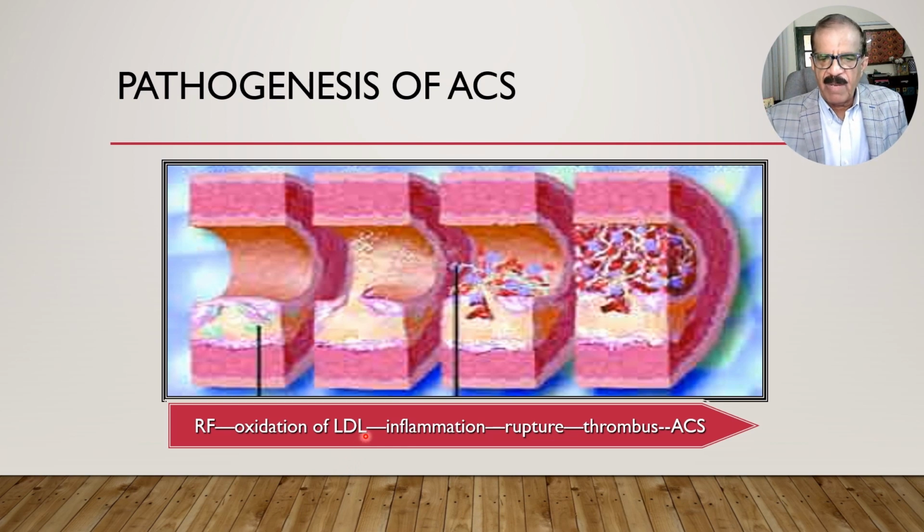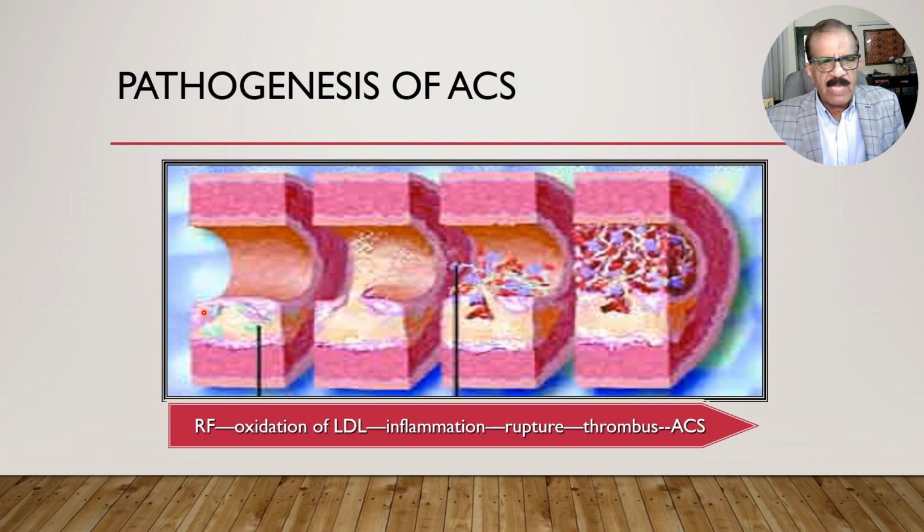But there may be some inflammation. Many times we are not able to find out what is the cause of that particular inflammation. Could be infection. So inflammation leads to rupture of the cap, and that releases certain thrombogenic factors, and the raw surface exposed attracts platelets, and that causes thrombosis.